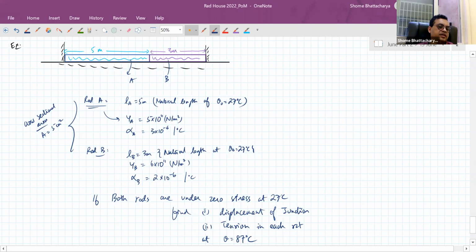That is 50 degrees higher than this. Both these things we have to calculate at this.